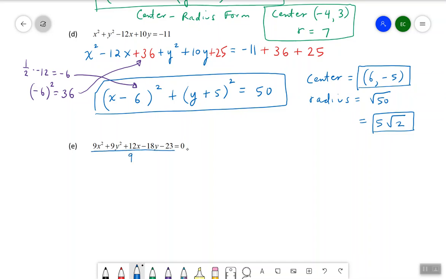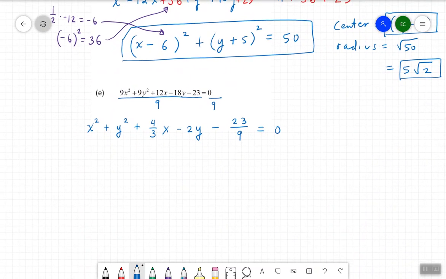Let's just divide everything by 9. And so we'll get x squared plus y squared plus 12/9, which is the same thing as 4/3, reduce your fraction, and then minus 18y over 9 is going to be minus 2y, and then minus 23 over 9, all equal to 0.